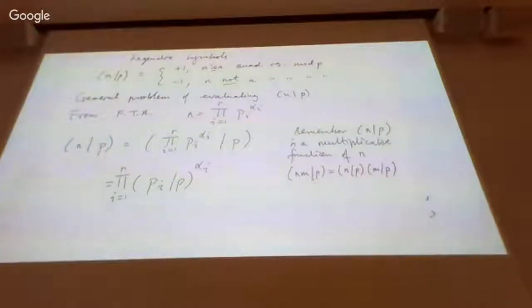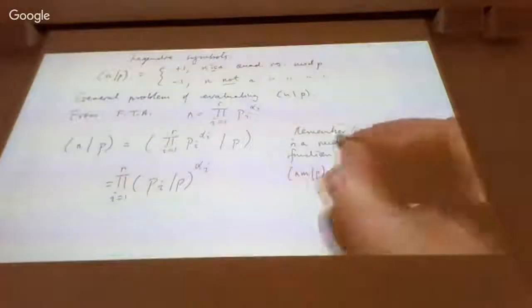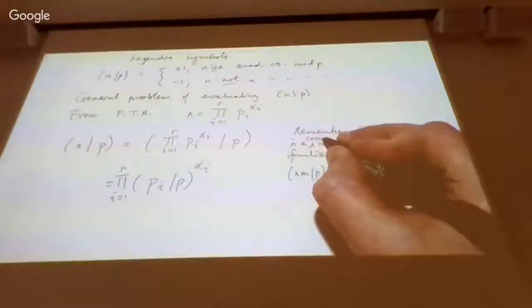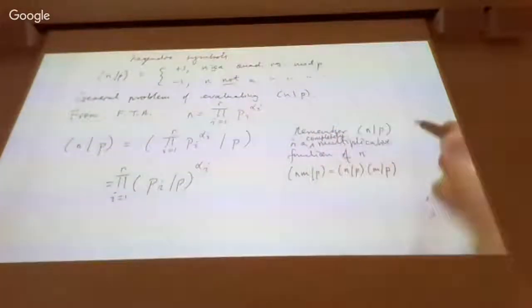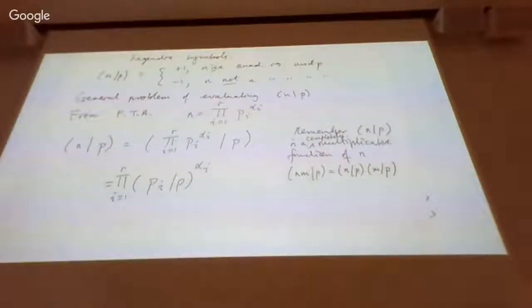Actually, it's completely multiplicative, so the arguments don't have to be coprime. So is everybody okay with that move? Factorizing n allows you to factorize the Legendre symbol. We've proved it's multiplicative.